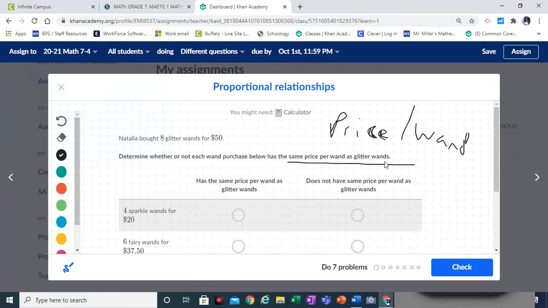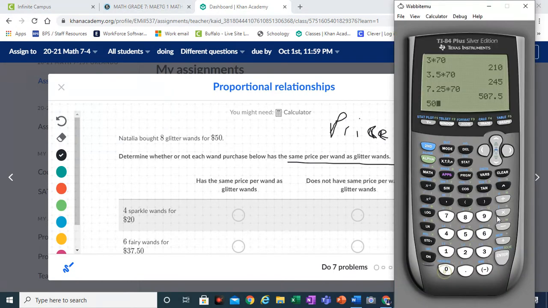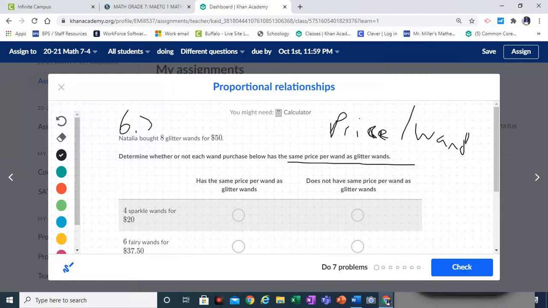All right, so that means if we were to do this problem, we would have to then do 50 divided by 8, and we get 6.25. So it's $6.25 per wand. That's your unit rate. Okay, so we need to do the same thing here. We want to do the price divided by the wand and see if we get 6.25.